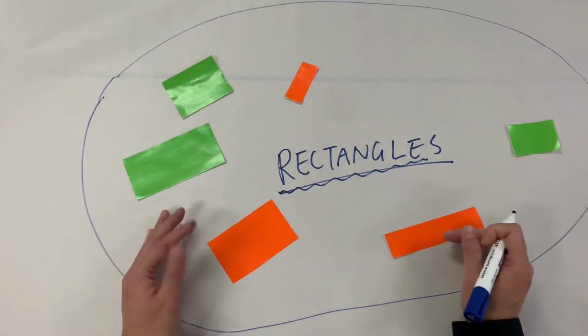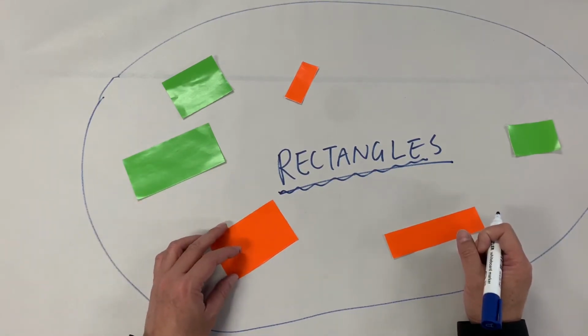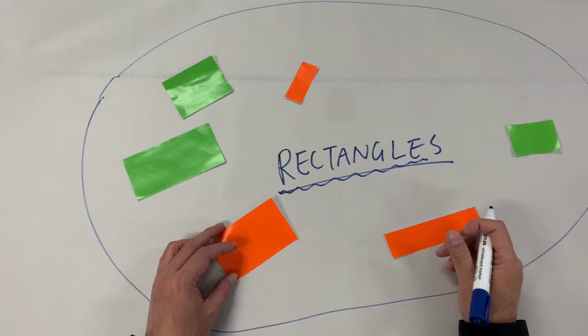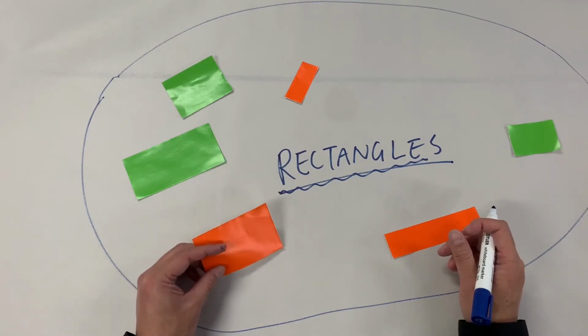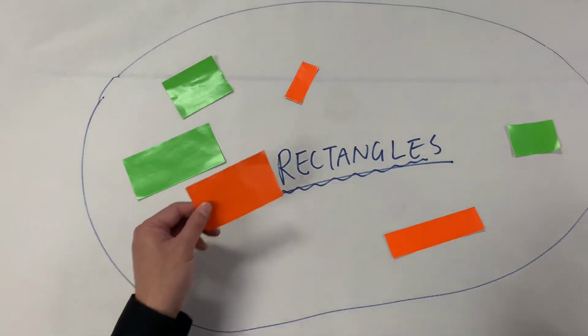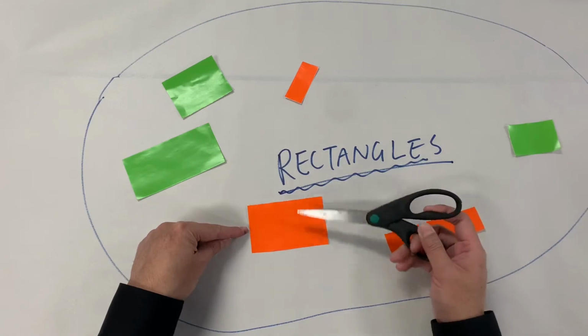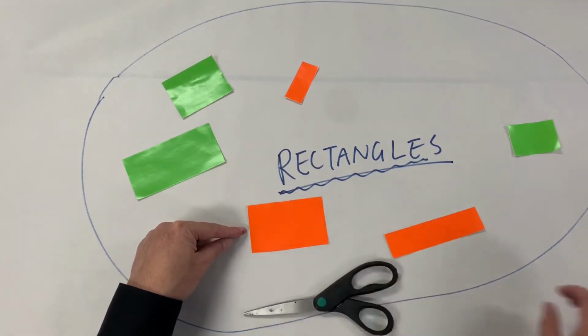So your window is a rectangle, your door is likely a rectangle, your table may be a rectangle, your book is a rectangle, a piece of paper is a rectangle. Now, rectangle looks like the four straight sides. Of course, that's a quadrilateral, isn't it?